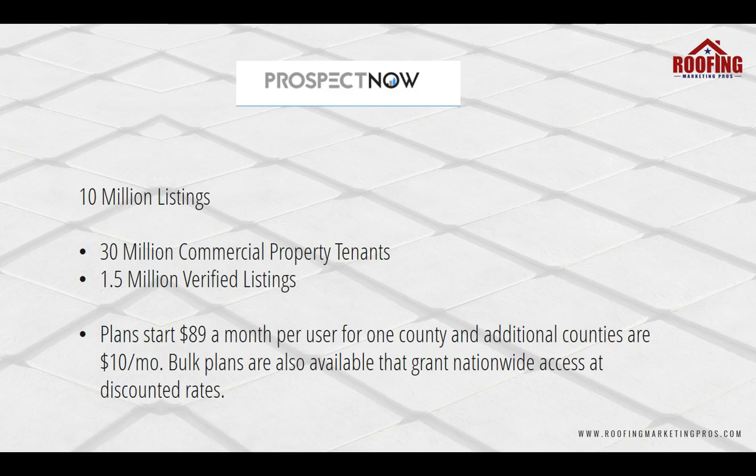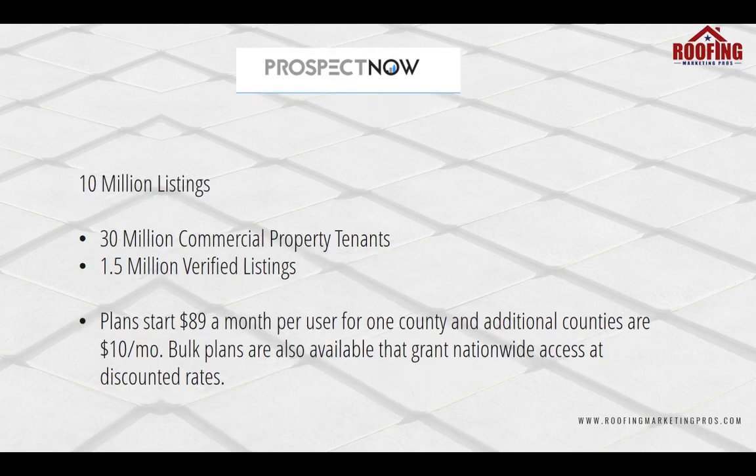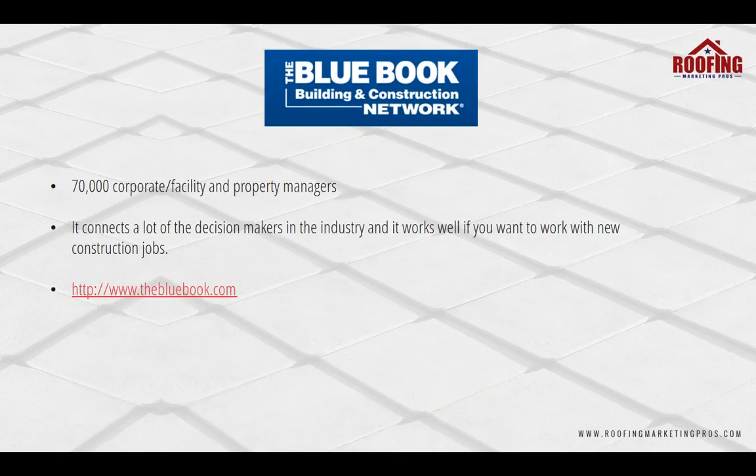So you can actually use their platform to create ads and target them with a free roof inspection or free roof estimate. Offer them to fix a leak or anything like that you think would help them get your foot in the door, because it's really all about getting your foot in the door and getting these people available.